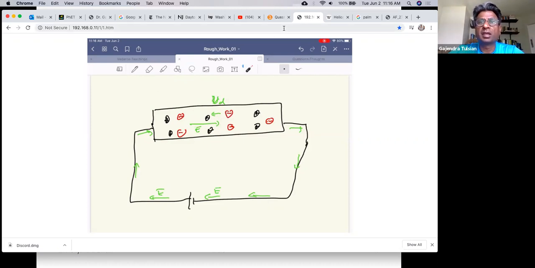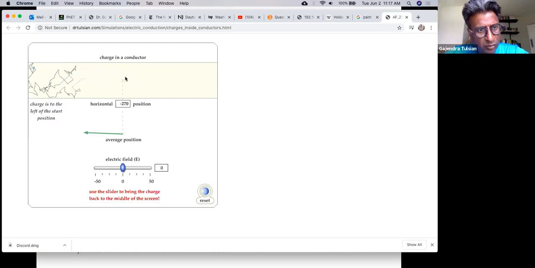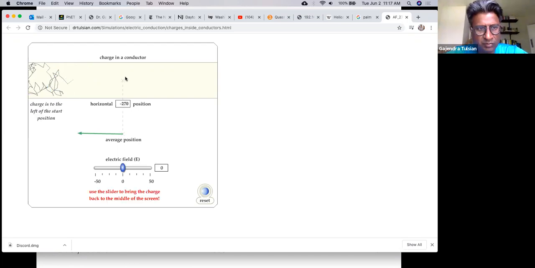And that's what this thing models. All right, so that's what this thing is modeling. See, the electric field is 0, meaning we have not connected a battery to this metal. By the way, in the previous chapters, we had said that electric field in a conductor is 0. That's in the static situation.